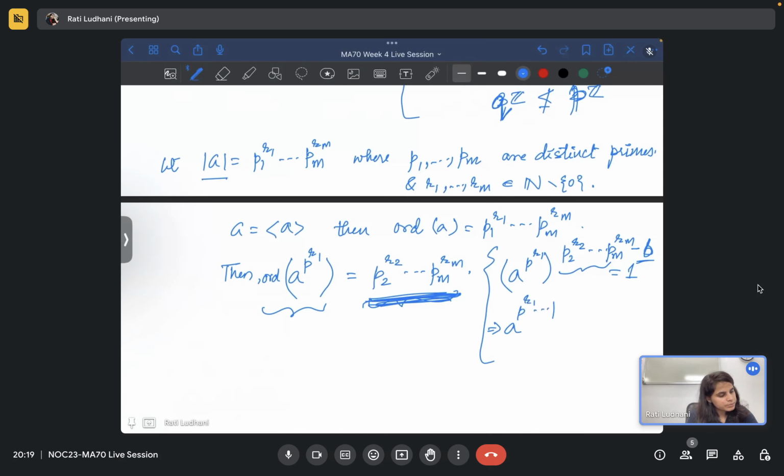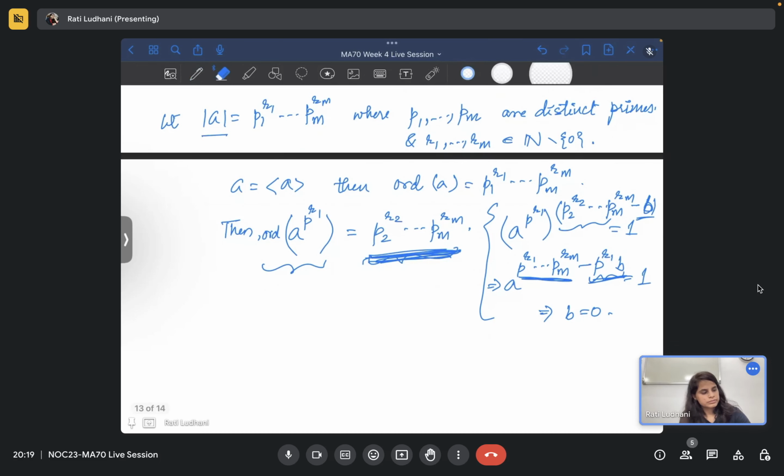This will get multiplied and you will get this minus p1 raised to power r1 into b. The inner power will get multiplied, then this will be 1. But this is a contradiction because a has exactly this order, so b has to be 0. So we can say that this will have this order.